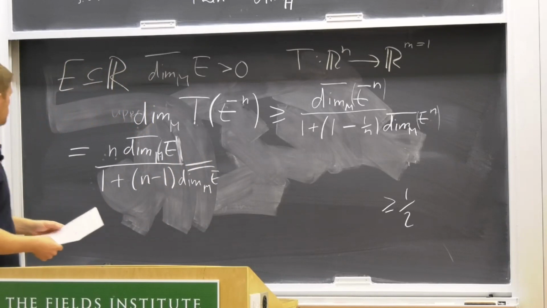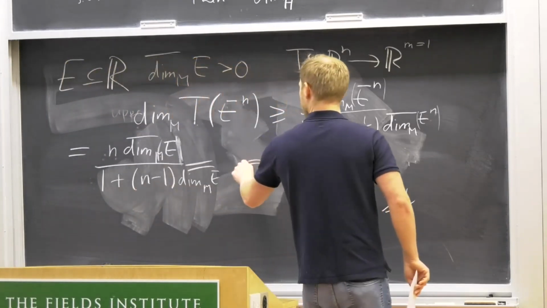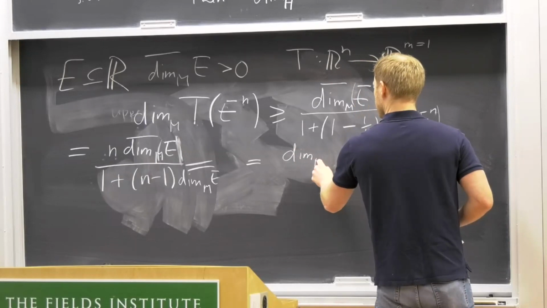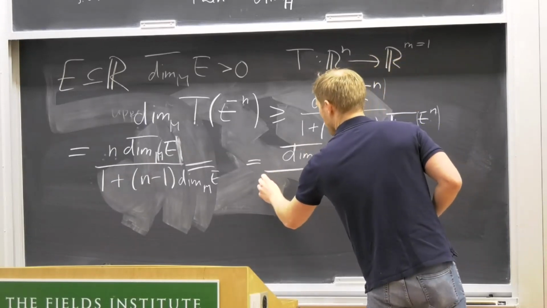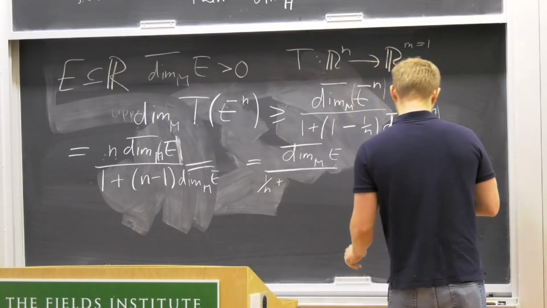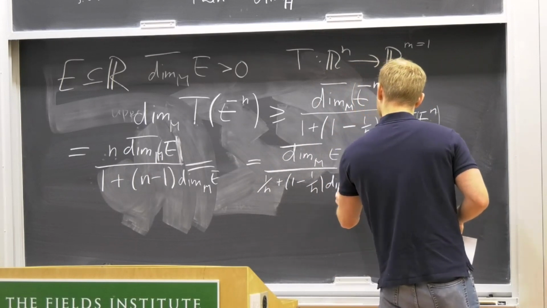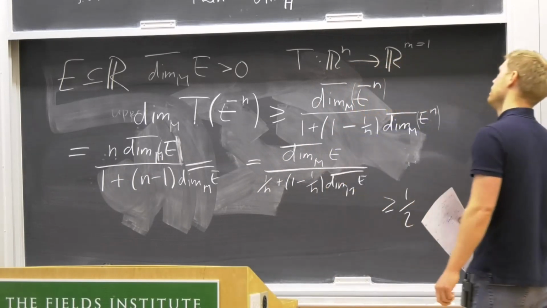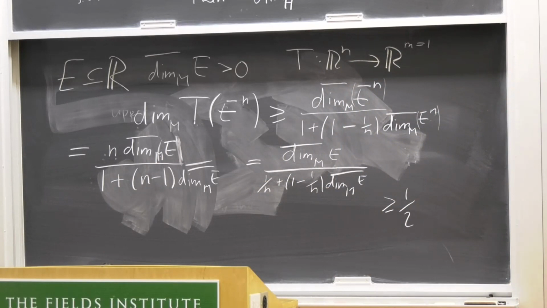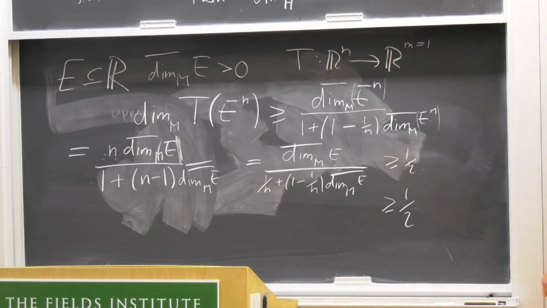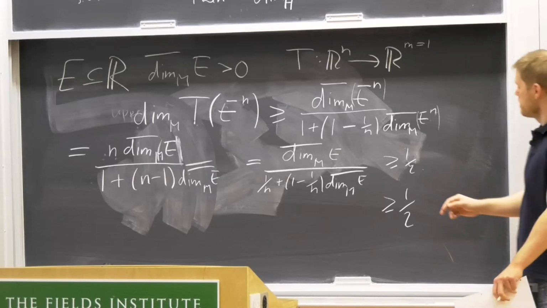Okay, and if you then divide by N, which is probably what you want to do, then you get 1 over N plus 1 minus 1 over N times dim_M of E. And hopefully you believe that if you now let N go bigger and bigger, then eventually for a large enough N, this will be larger than 1/2, for some T, depending on N also.